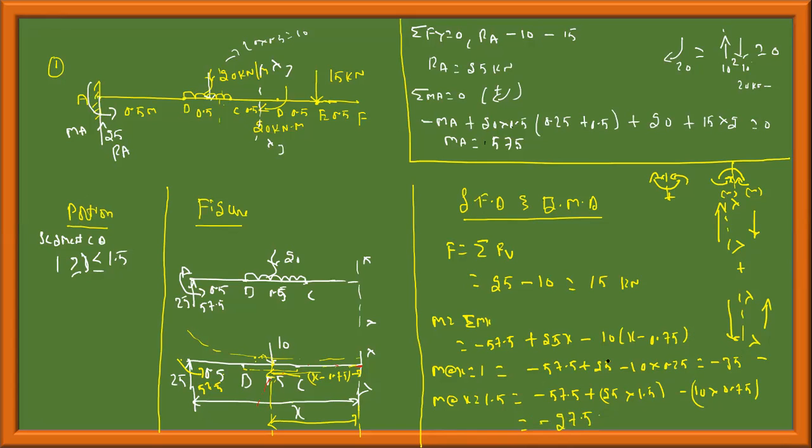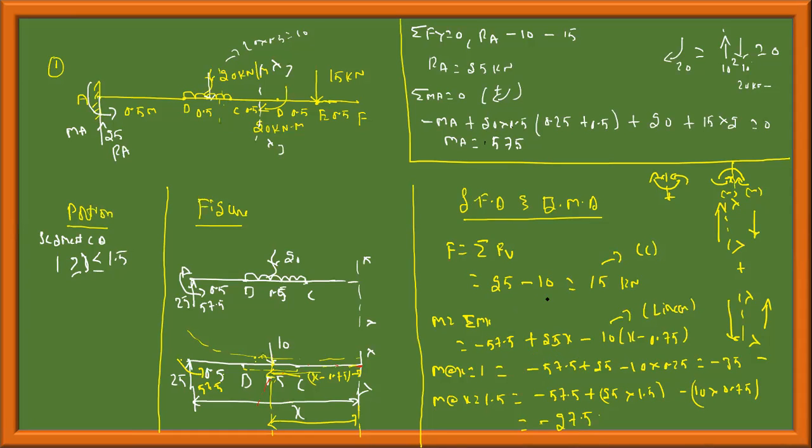Now see, there is 25, 10 into x minus 0.5. Minus 27.5 plus 25 x minus 10 into x. Okay, the shear force is constant, so the bending moment is linear.